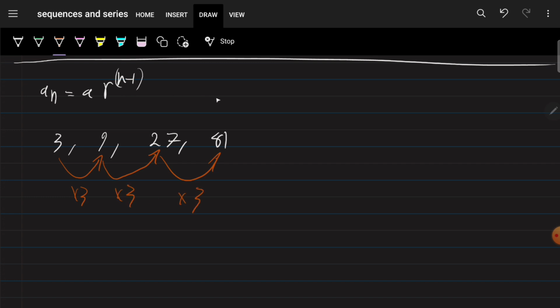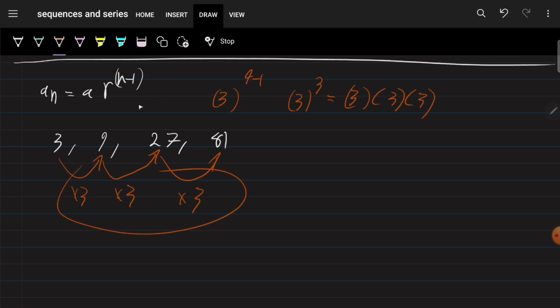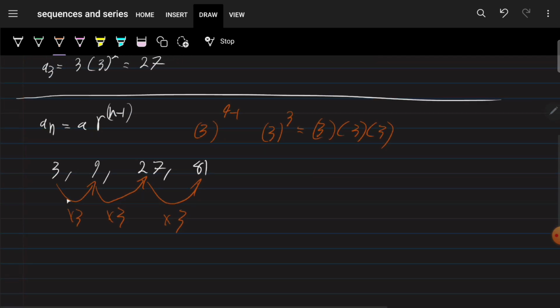And our common ratio is 3, so if we do 4 minus 1, that's 3 cubed, which means 3 multiplied by itself 3 times, right? So that's what this part of the formula means. This is accounting for the number of times we are multiplying by 3. And of course, we're starting from the first term, so that's what the a is. All right, so that's the logic behind the formula.